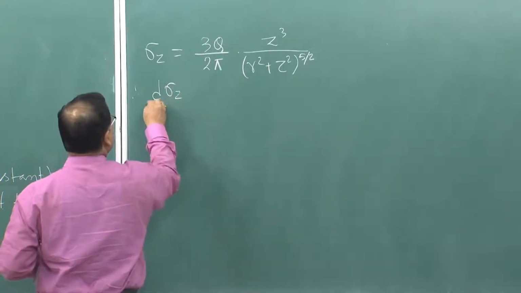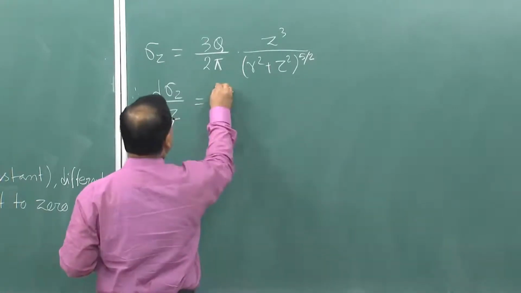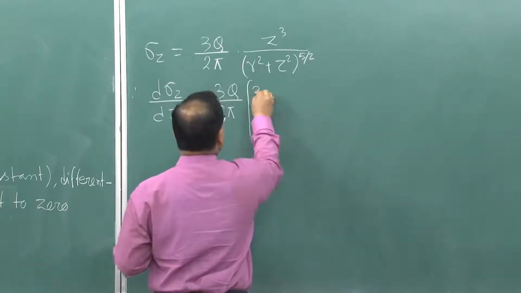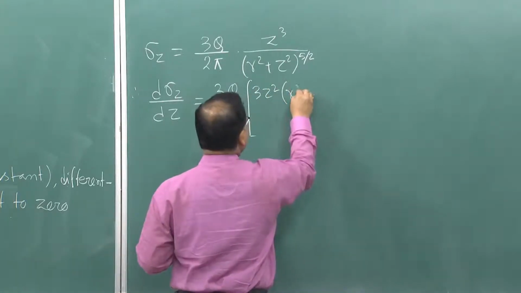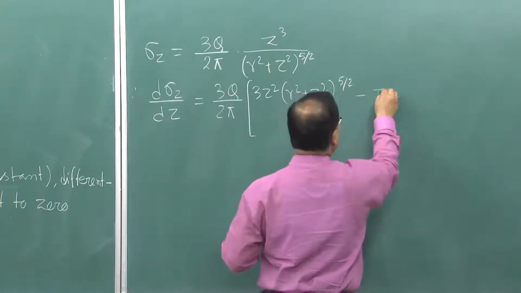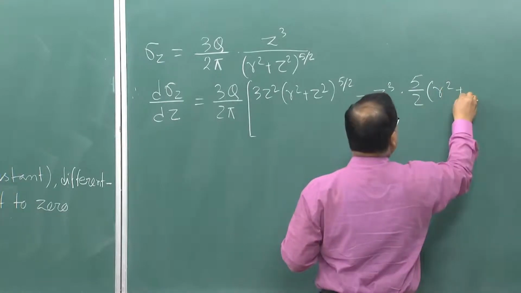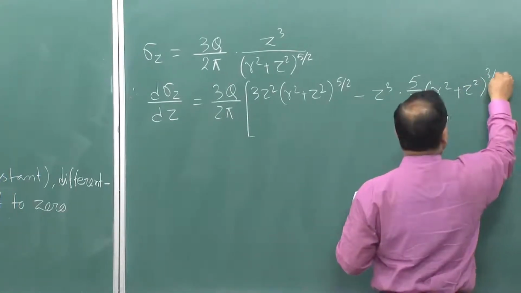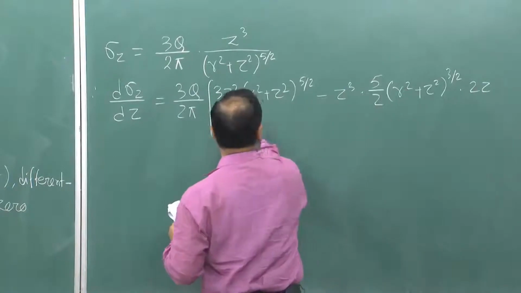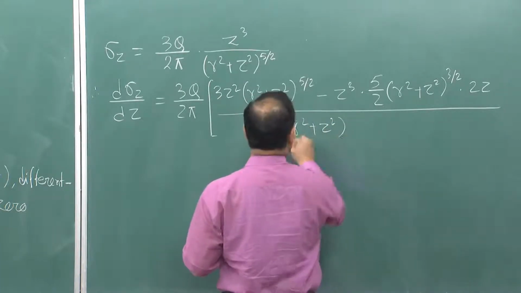We will do the differentiation, d sigma z by dz equal to 3q by 2 pi, it will be 3 z square into (r square plus z square) to the power 5 by 2 minus z cube into 5 by 2 (r square plus z square) to the power 3 by 2 into 2z, divided by (r square plus z square) to the power 5.